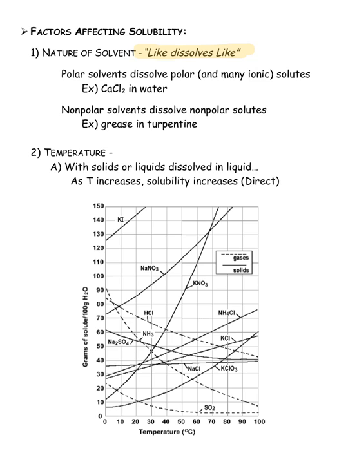So polar solvents will dissolve polar solutes, and nonpolar solvents will dissolve nonpolar solutes. That's a very general rule that we use to determine if something would dissolve in a solvent.